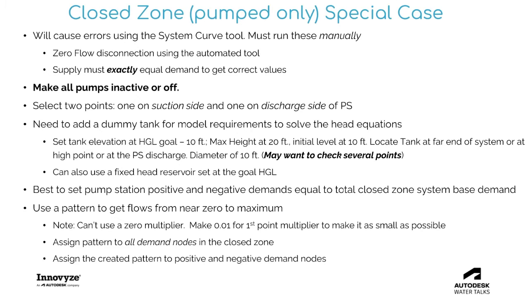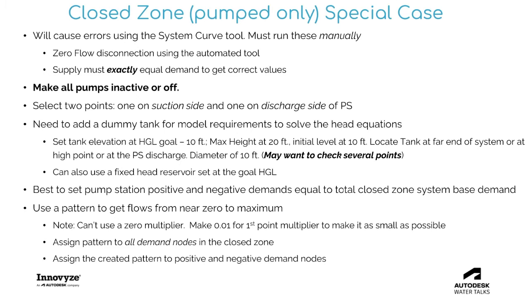A lot of times that might be something like 40 psi minimum. So I need to find my highest elevation and make sure what my minimum pressure is that my customers are going to need. If it's different than 40 psi, whatever that is, for instance, let's just say it's 50 psi.